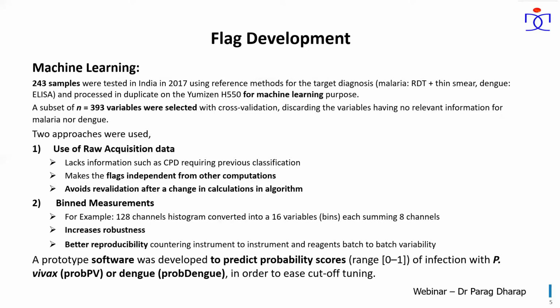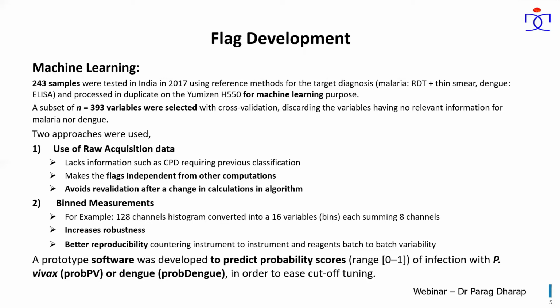First was acquisition of raw data. It lacked information such as cell population data, which requires previous classification. But at the same time, it makes the flags independent from other computations. It also avoids revalidation after a change in calculations in algorithm.